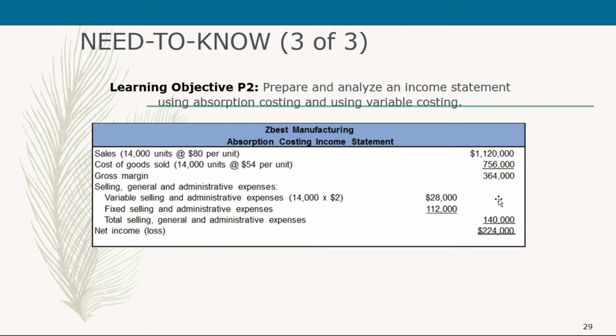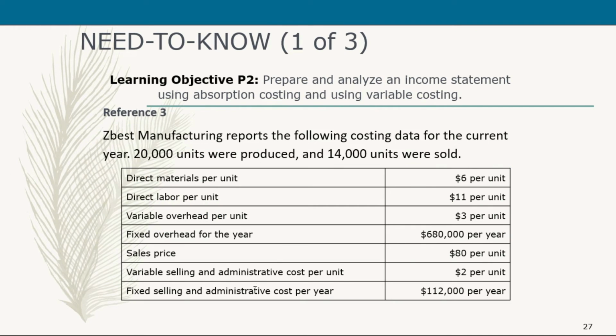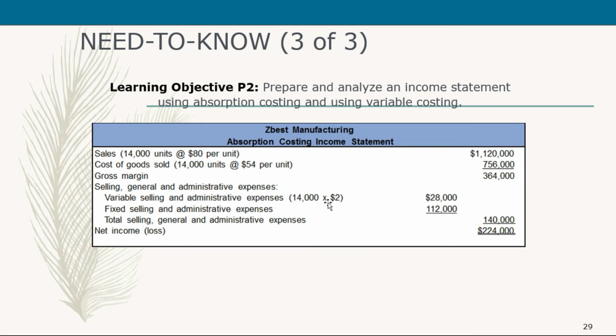Okay, so now we deduct your selling, general, and administrative expenses. That has a breakdown of your variable and fixed component. Now, as to the variable selling and administrative expense, we have already your variable selling and administrative cost per unit of $2 per unit. We only need to multiply it to the units we sold. So that is 14,000 times 2.